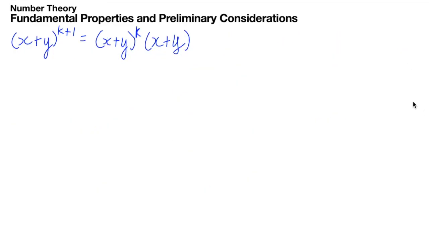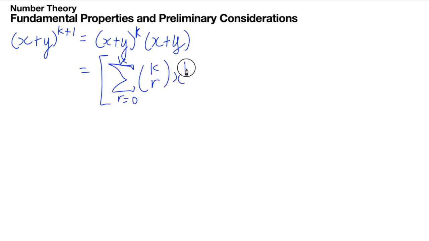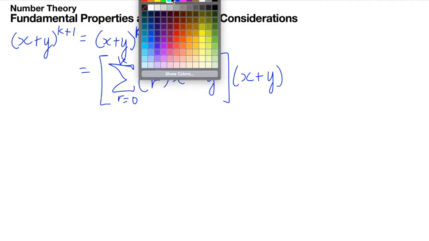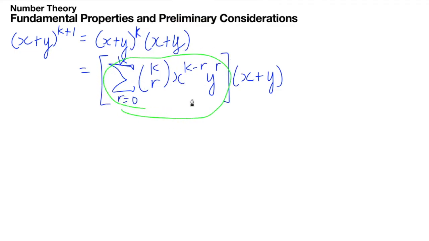So this is going to become the summation of k choose r, r running from 0 to k, x^(k−r) times y^r, and multiply that by this binomial (x + y). Next, we're going to distribute this whole term to this term x and to this term y.